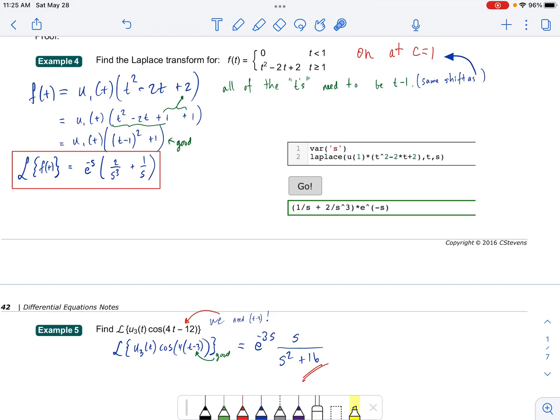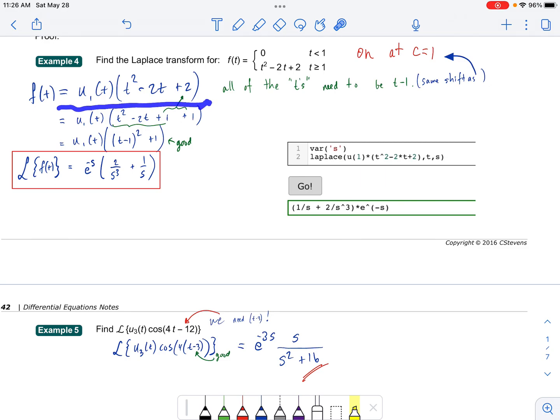So I can see that since it turns on at 1, we're going to have a unit step at 1, so u sub 1 of t. But then all of the variables in my function need to also be shifted as a t minus 1. To accomplish that, this was fairly simple. Here I have my unit step function times the parabola.